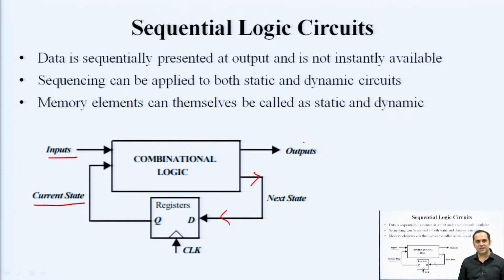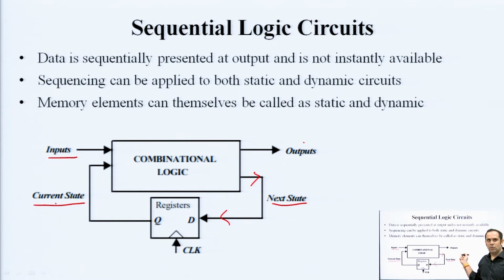That current state plus the present input is being used to obtain the present output. And when we say current state, this current state is actually coming from some of the previous output. What is next state now becomes current state after some time. What is current state now was the next state some time ago.